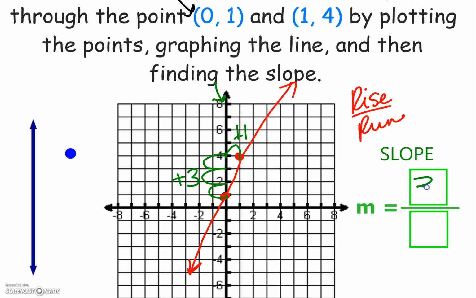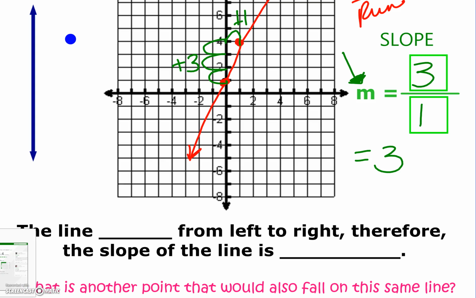So our rise over run was 3 over 1, so that equals 3. M is another way to say slope. So let's look at the bottom. The line goes up from left to right, so the slope of the line is positive.